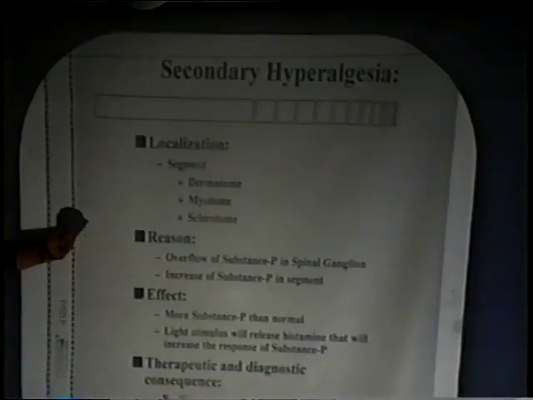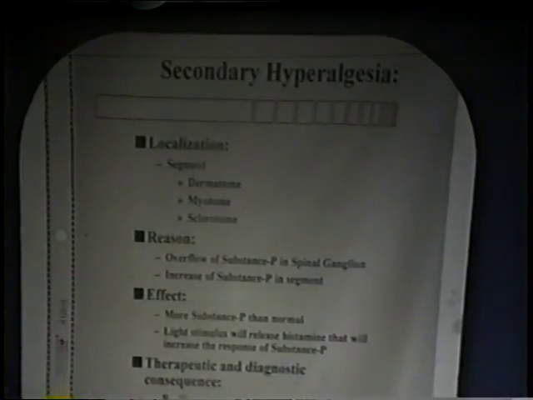The reason is an overflow of substance P in the spinal ganglion. So we have that spinal ganglion, and there is not only one neuron in there, there are more. There will be a big production of substance P. So there will also be the neuron for the dermatome, for the myotome, for everything. So there will be an overflow of substance P that goes in the periphery.